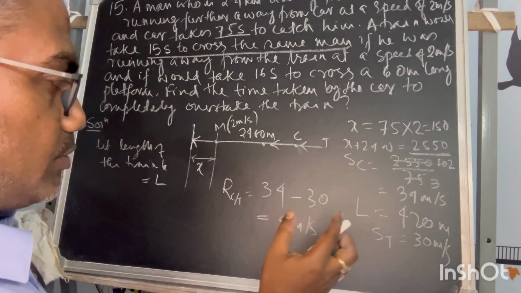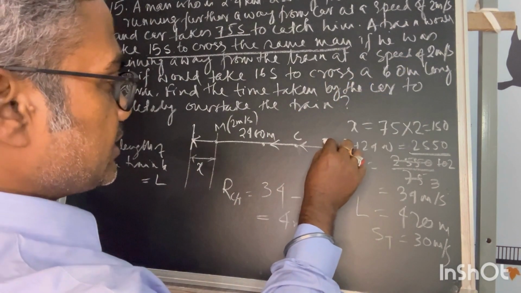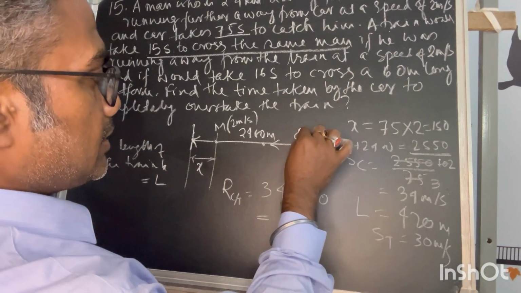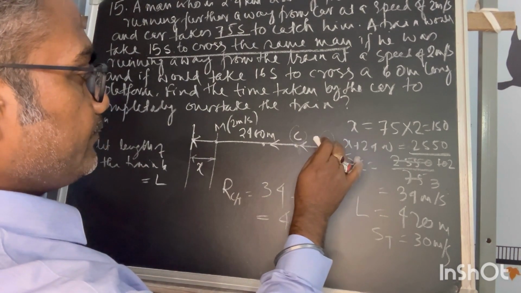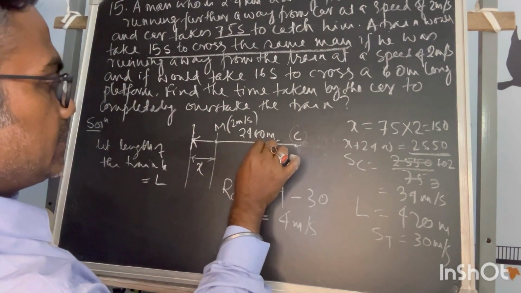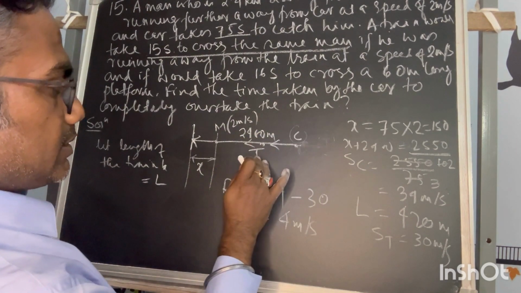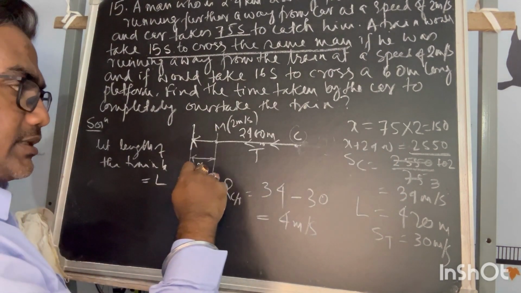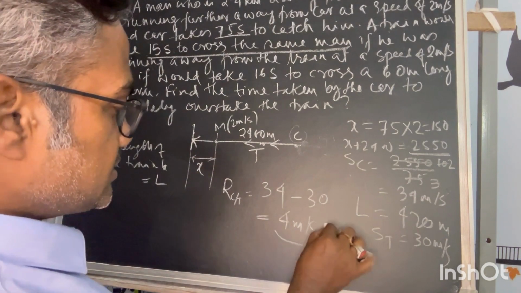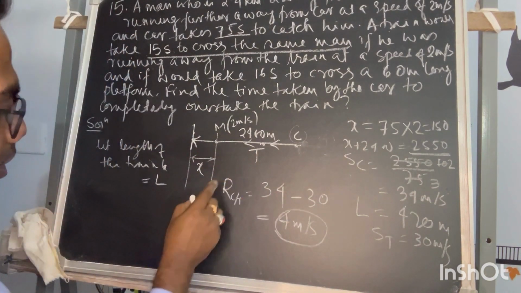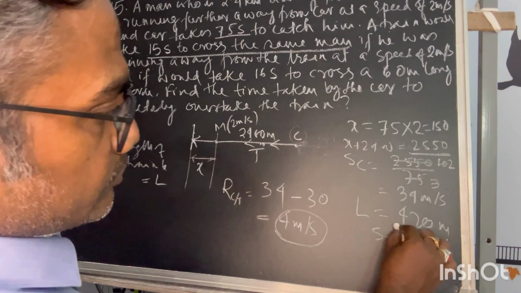This car is very small, the train is very long, so in that case also the car will overtake the train. Now I put this train here, otherwise this will be confusing. Now the car is trying to overtake the train, so only with this relative velocity he has to move how much? The train length.